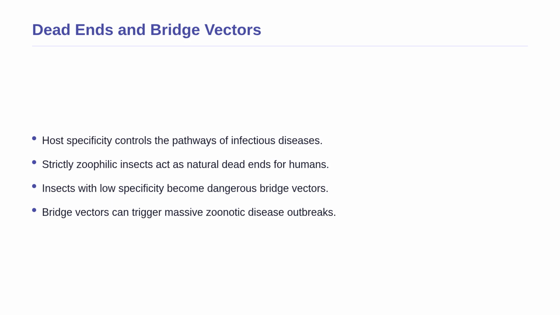However, if an insect has low host specificity and bites both infected animals and healthy humans, it becomes a highly dangerous bridge vector. These bridge vectors are exactly what trigger massive zoonotic disease outbreaks. Without this knowledge, public health officials would waste millions spraying chemicals on harmless insects.